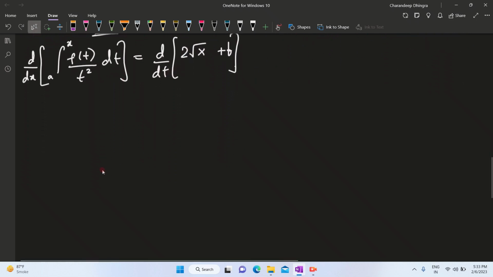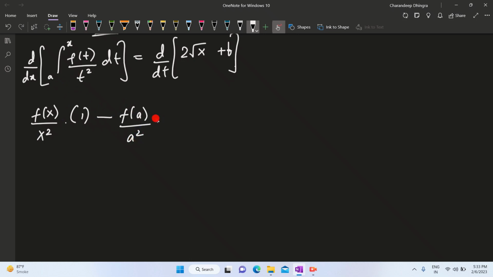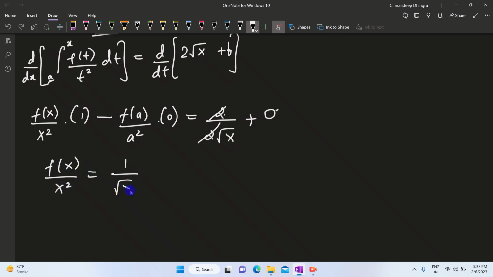In the function we put the upper limit, so that is f of x upon x square, into the derivative of the upper limit x, which is 1, minus f of the lower limit, that is f of a upon a square, times the derivative of the lower limit. Since a is a constant, the derivative is 0. This equals 2 root x, whose derivative is 1 upon 2 root x, plus b, whose derivative is 0, and this gets cancelled. So what we get is f of x upon x square is equal to 1 upon root x.